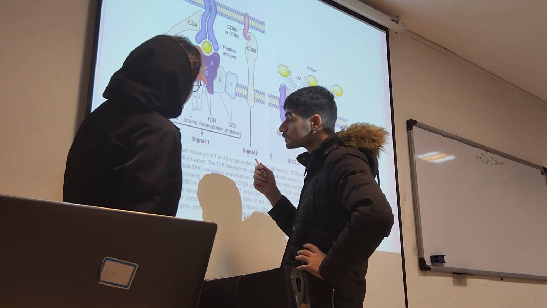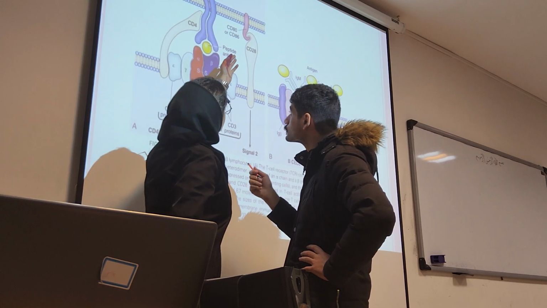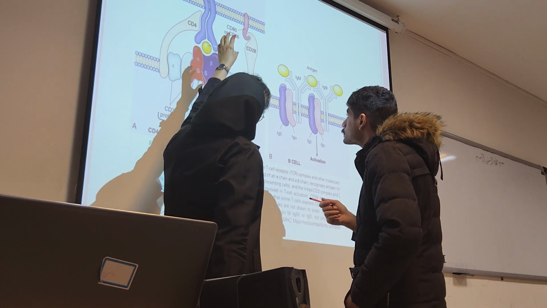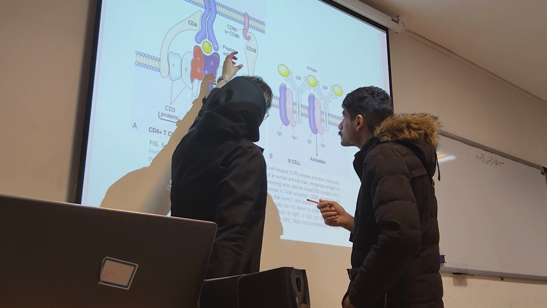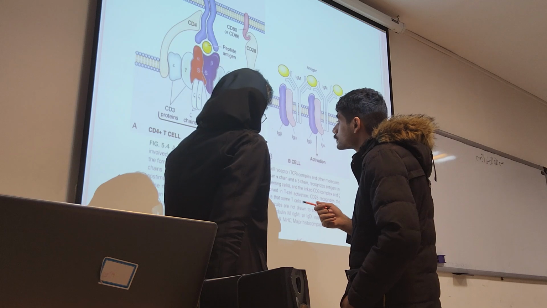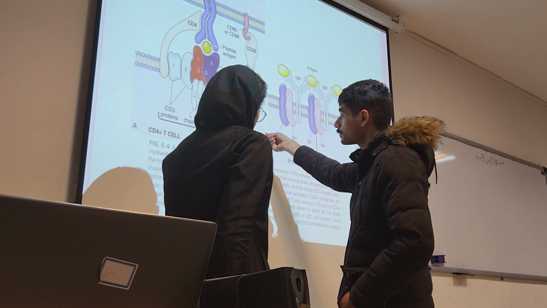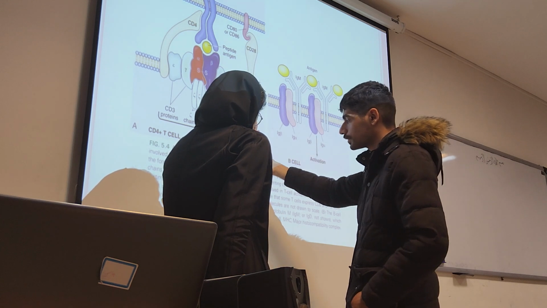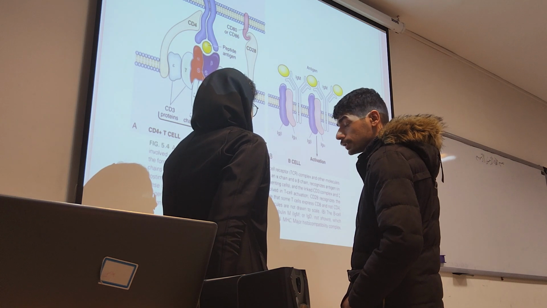For example, by innate immune system activation, we have expression of CD80 or CD86 on the surface of antigen-presenting cells, by microbes, for example. And these two should attach so that the production of cytokines, for example, occurs.